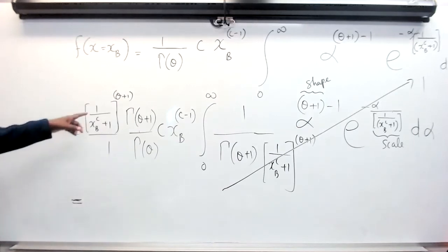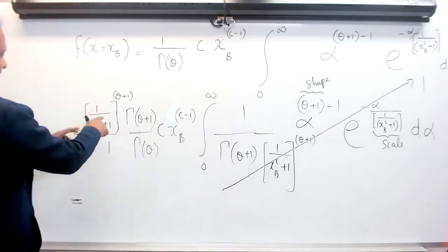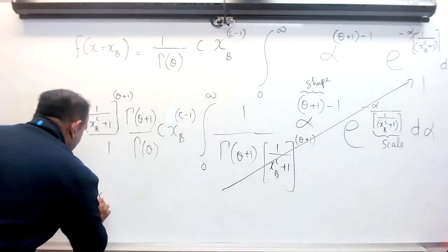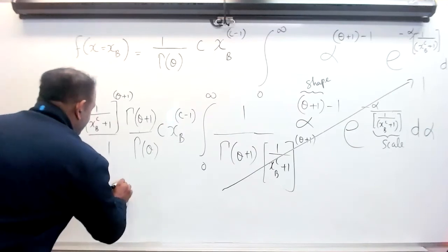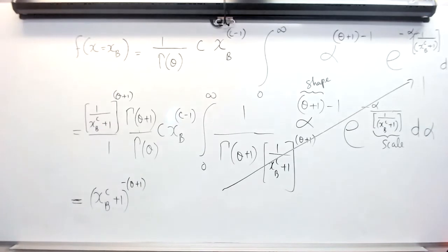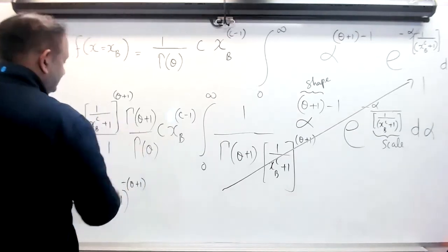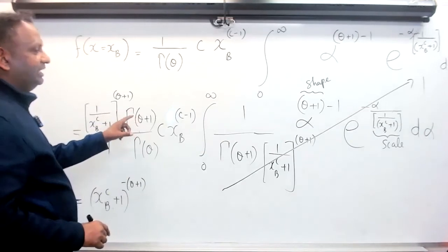The leftover would be this. I can flip this one and write it this way. x b to the c plus 1 minus theta plus 1. See? Minus theta plus 1, no, 1 plus theta. And this one I can write, the gamma you can take out: n plus 1 means n times gamma n.